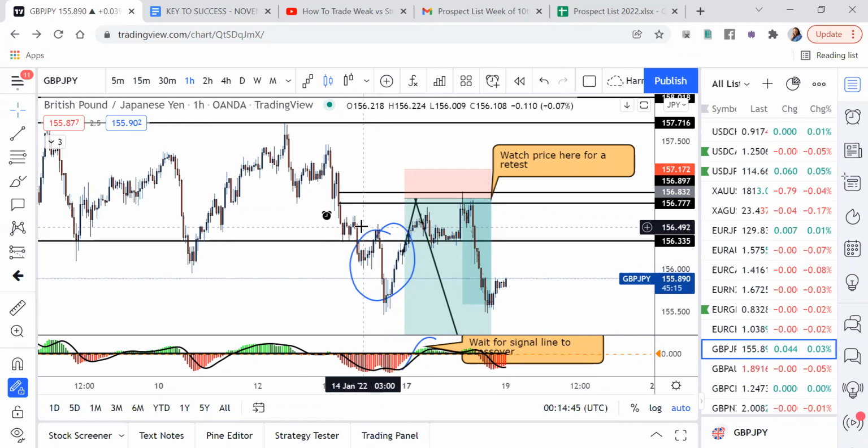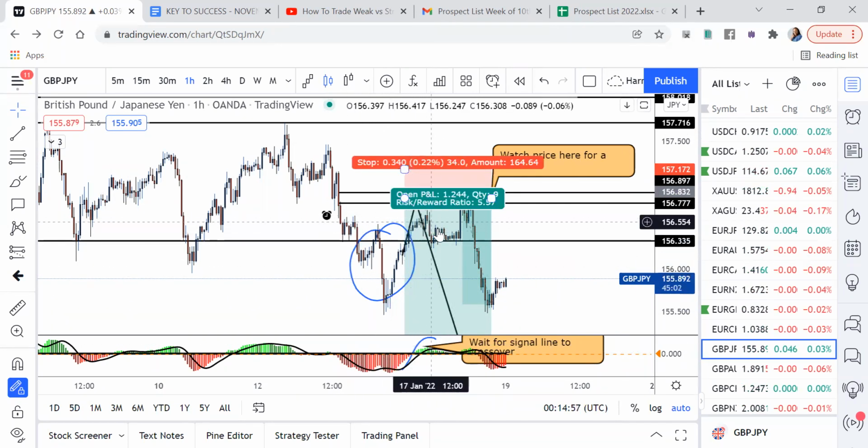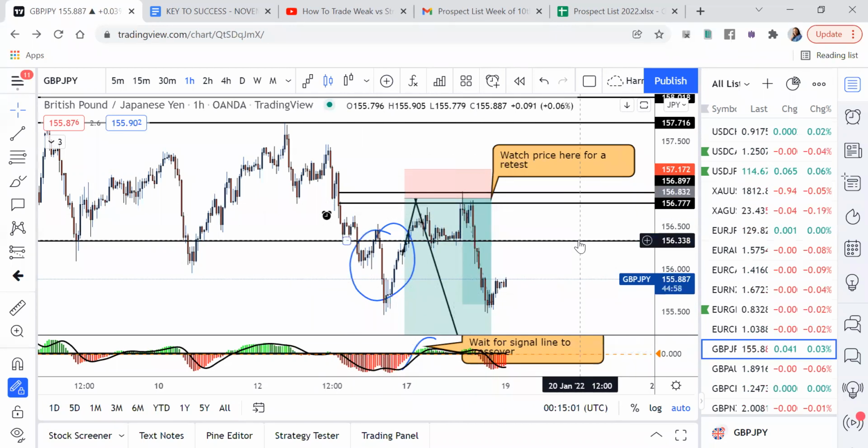So I told you guys, look for price to come back into the zone, retest an imbalance candle in the zone before it drops, which is what we had here. So price came back into the zone at 4 o'clock this morning. Price activated the order, and then we went into profit, right?